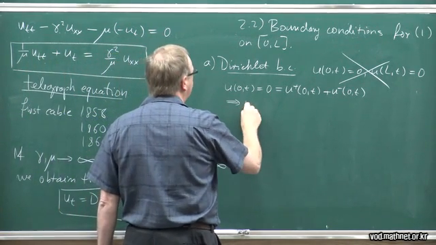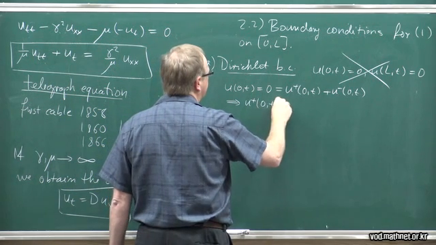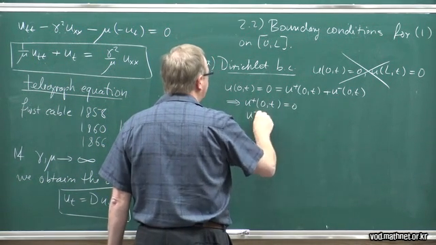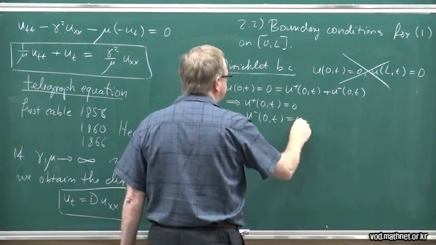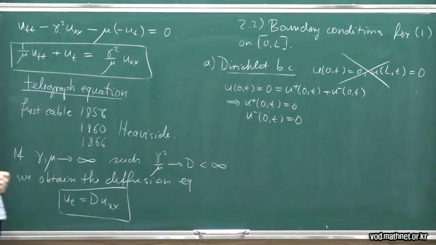So this would imply u plus at (0,t) is 0 and u minus at (0,t) is 0. Now one of them doesn't make sense. Which one? You say u minus doesn't make sense. That is correct.